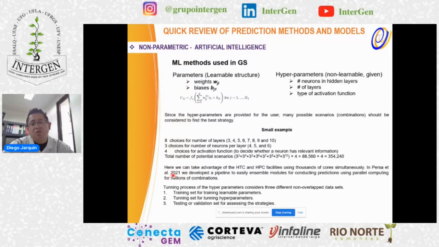We need first one for training the learnable parameters, another non-overlapped one for tuning the hyperparameters, and finally one for testing or validating whether the strategy that we are following, with the estimated parameters and the hyperparameters, is helping or not in terms of predictability.